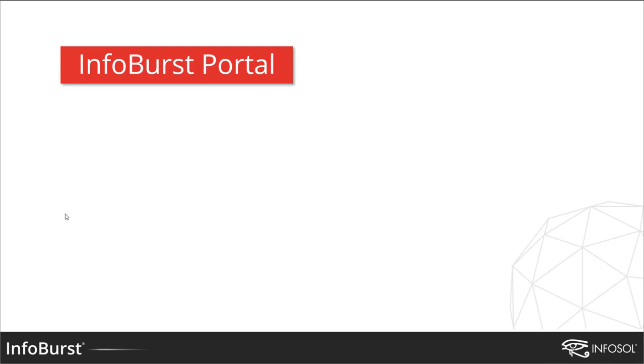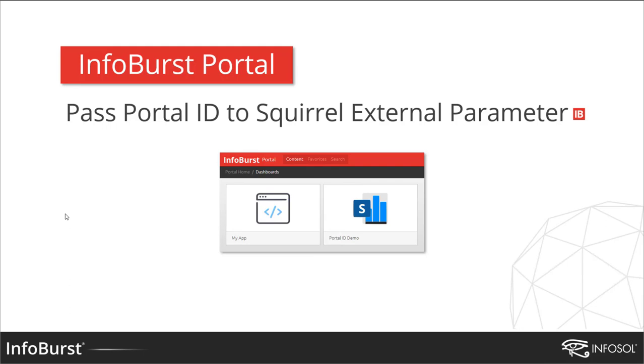Next, we'll look at enhancements in the InfoBurst Portal. In previous versions of InfoBurst, we introduced the ability to host Squirrel dashboards. For those of you that aren't aware, Squirrel 365 is a dashboard and web application design tool, and currently a user can upload and host their Squirrel dashboard in the secure InfoBurst portal.